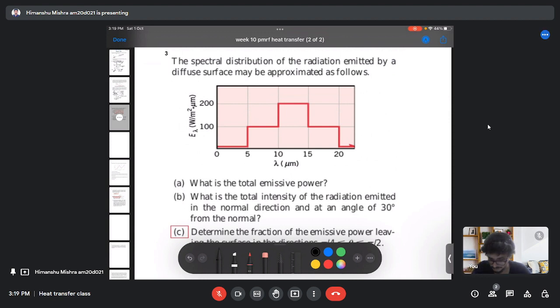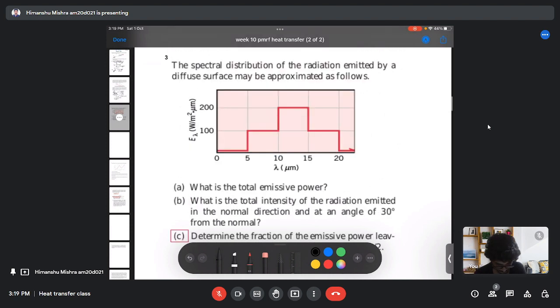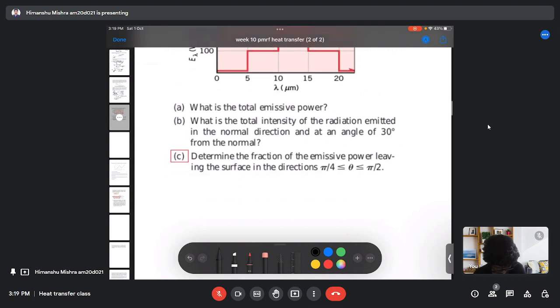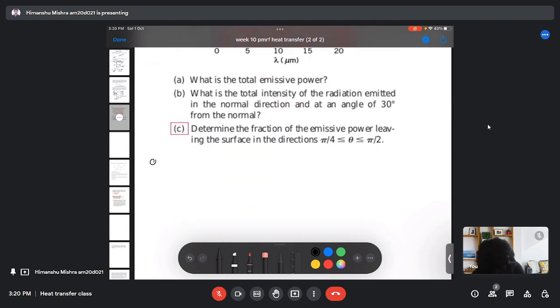And in the third part, we need to determine the fraction of emissive power leaving the surface in the direction of pi by 4. So let's start with the first question.